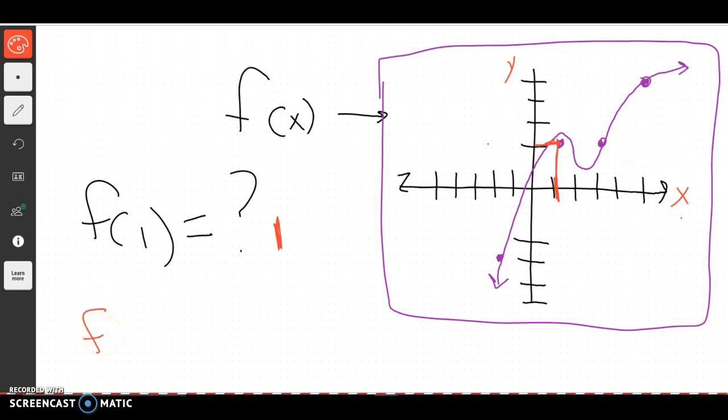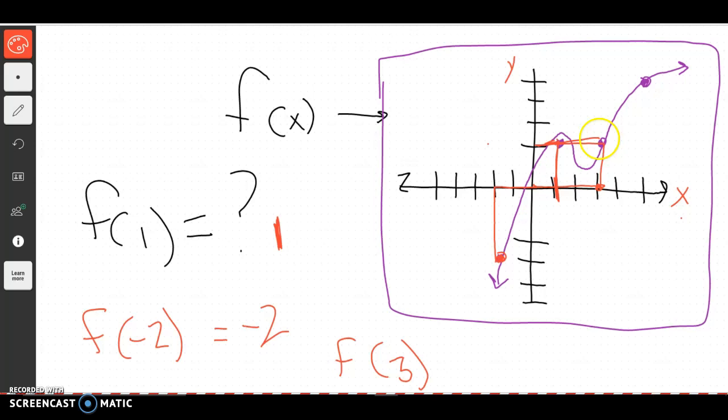Let's go to negative 2. If in this graph I go over to negative 2, I'd go down to negative 2. So that's that output there. It's at negative 2. We could do this for f of 3. If I go over to 3 on my x's, my output would be up here at 1.